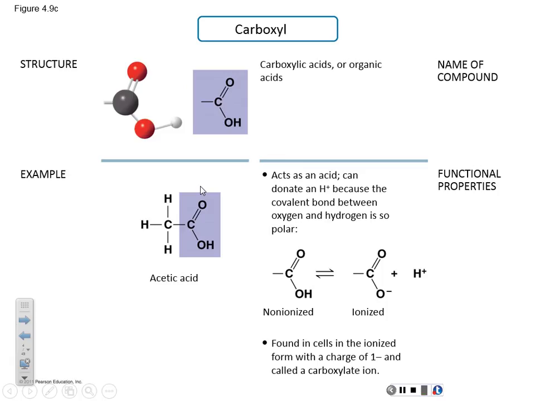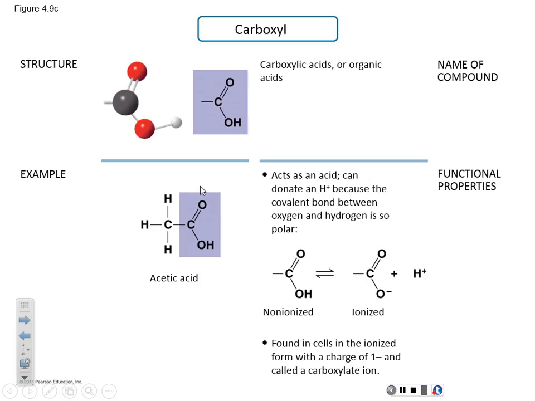Here are carboxyl groups. A carboxyl group is a carbon atom that has a double bonded oxygen and a hydroxyl group. So in a sense, it's like a double whammy. We've got both the hydroxyl group and the carbonyl in play at the same spot now, right?